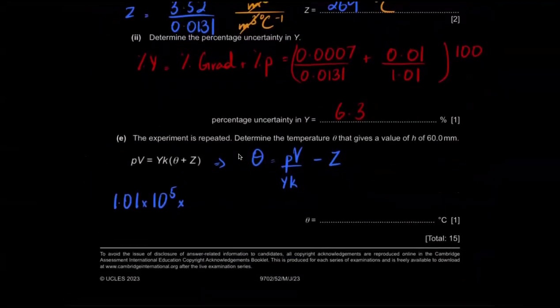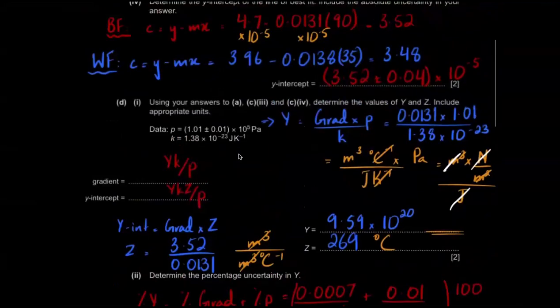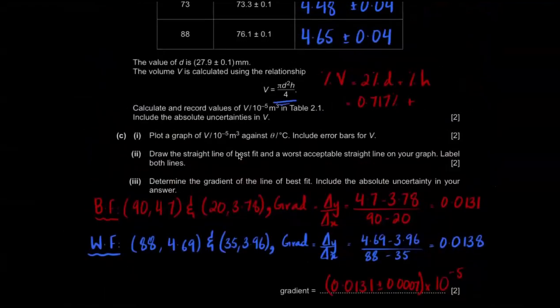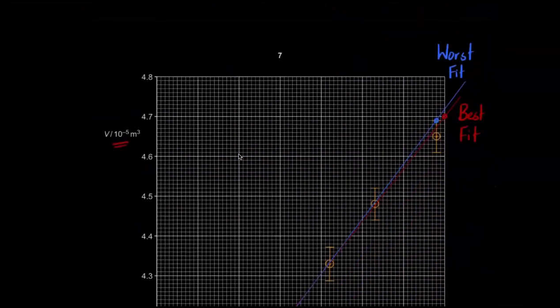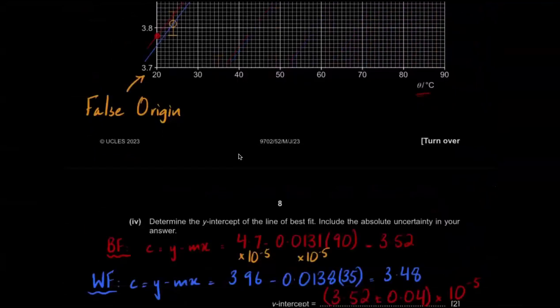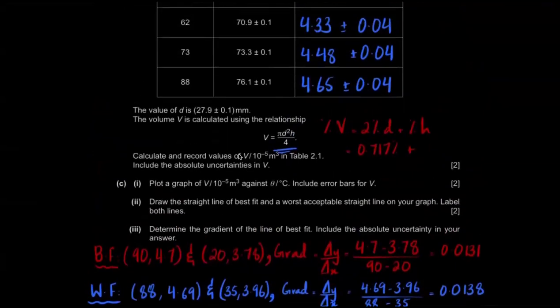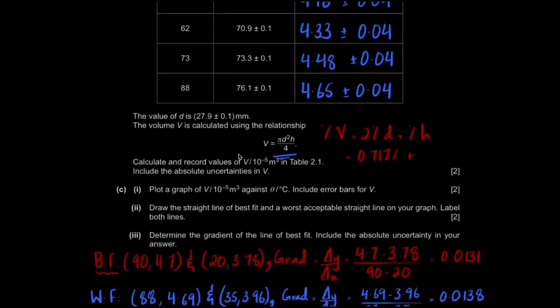Oh, so H is given. So we need to find V again using this formula, right? So pi d square H over 4. D was also given to us, right? So we also have D, this 27.9.